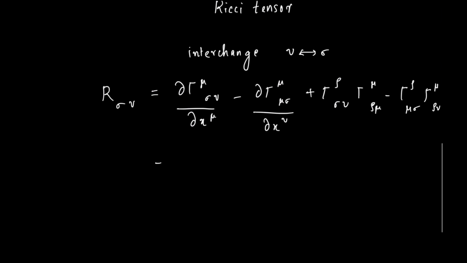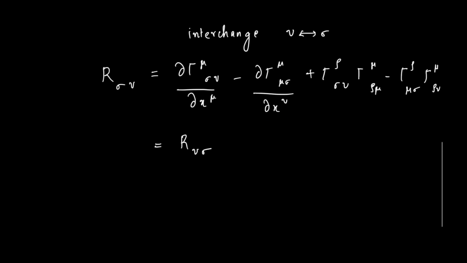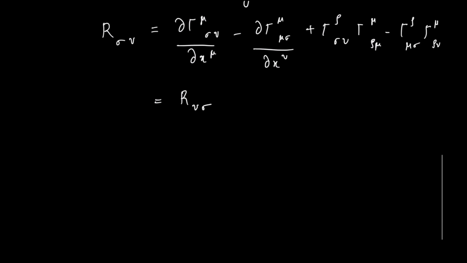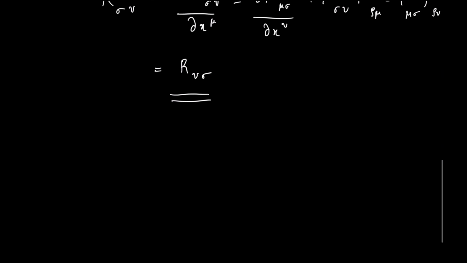So this is nothing but R_{νσ}. Therefore, the Ricci tensor is symmetric because R_{σν} is equal to R_{νσ}.